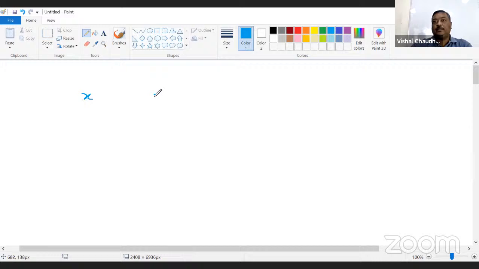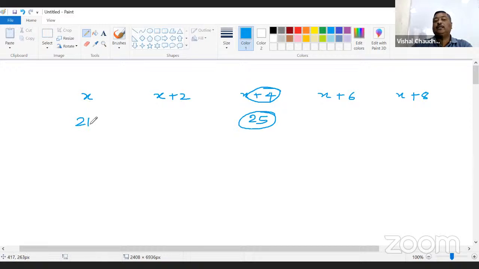The numbers were x, x plus 2, x plus 4, x plus 6, x plus 8. I told you, the middle number will be your average. So x plus 4 is your 25. If you subtract this 4, what you will get? Your first number, 21, and your answer. Is it okay, Sneha?